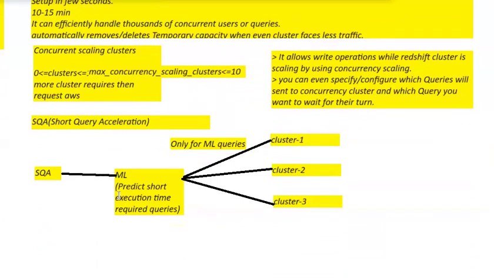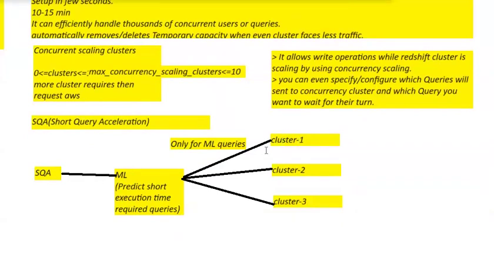Then the ML model predicts which queries require a short execution time, and all those queries are sent to one cluster, where they run fast.